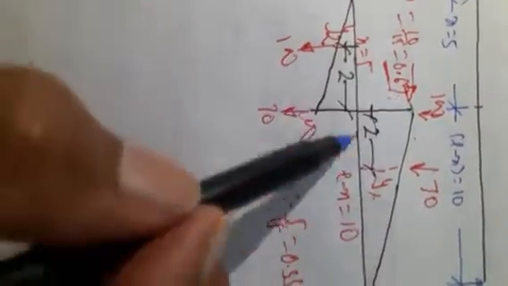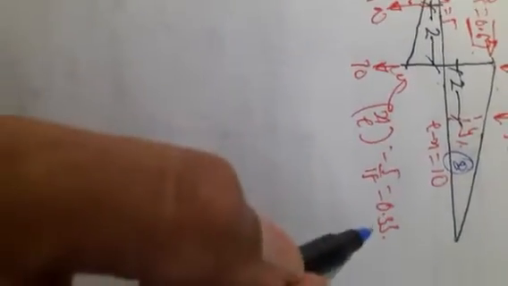Now consider this triangle. 0.67 divided by 10 is equal to y1 divided by this distance, which is 8. So 0.67 divided by 10 is equal to y1 divided by 8, or y1 is equal to 0.536.